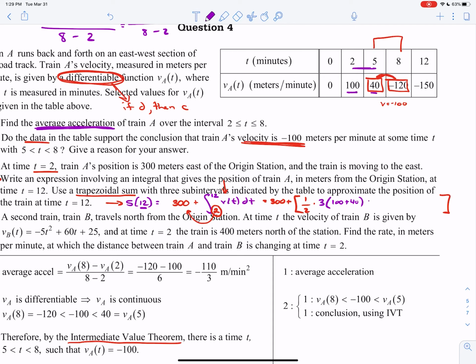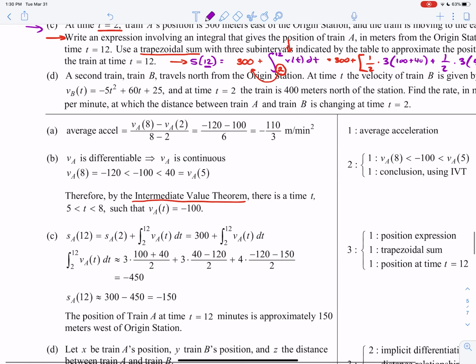Plus 1/2 times the horizontal distance, which is 3 again, times the sum of the two bases. I don't have enough room, but you could do the rest right there. And that's pretty much it.